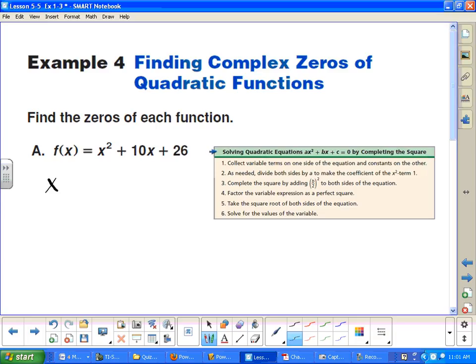So we have x squared plus 10x equals negative 26. I need to set it equal to 0 because we're finding the zeros, and I want the variables on the left side and constants on the right if I can do it that way. So now we're going to complete the square.